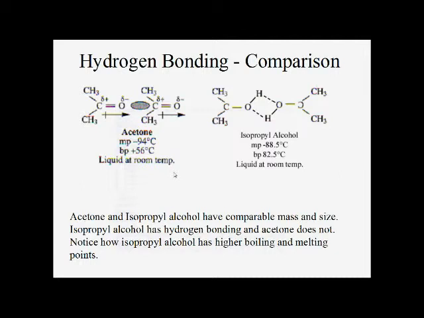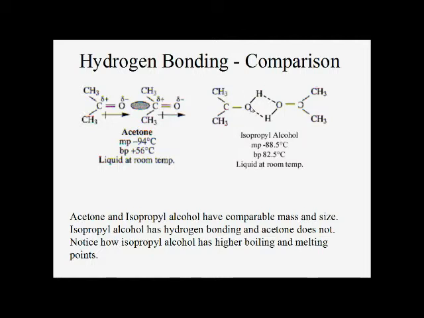We can compare different molecules with and without hydrogen bonding. Using similar compounds, a 3-carbon chain compound, acetone, which is a carbon double bonded to oxygen, will have a polar bond. Or isopropyl alcohol, where the central carbon has an OH group on it.